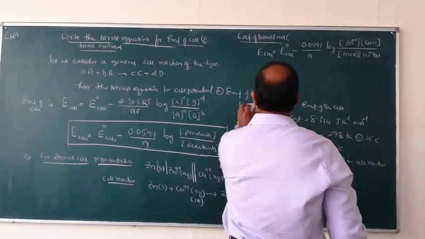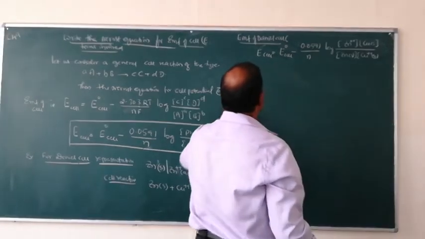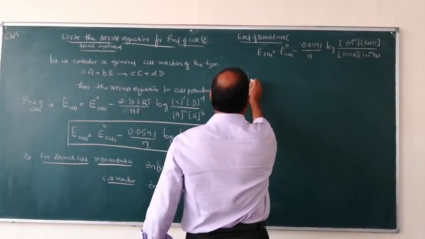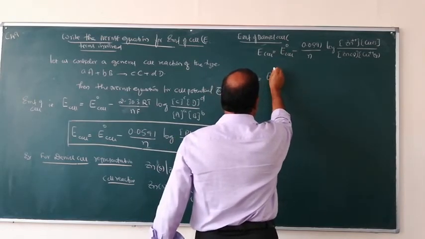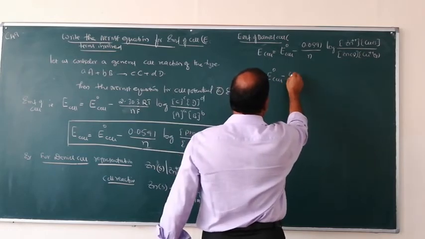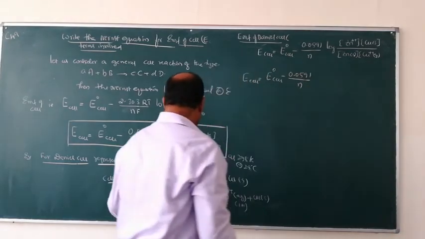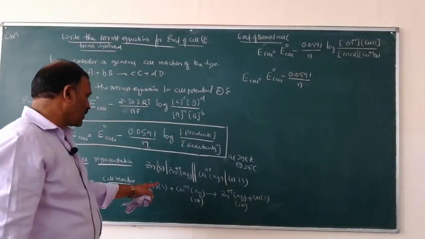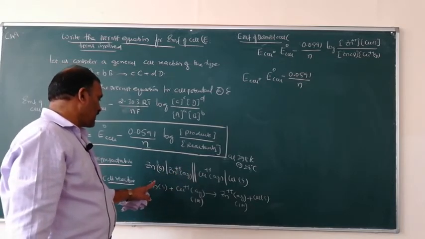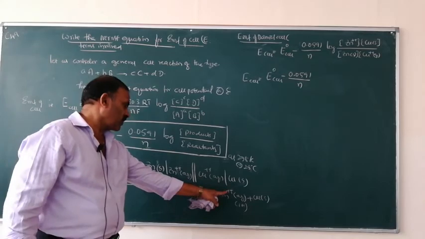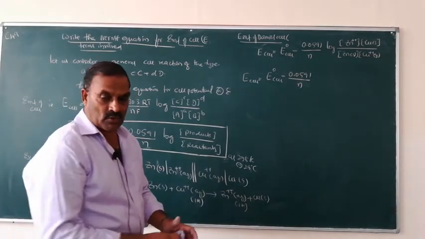So here E cell is equal to E naught cell minus 0.0591 divided by n. Here how many electrons are involved? It is a bivalent ion. 2 electrons involved in this reaction. Zinc undergoes oxidation giving 2 electrons. Copper ions accept 2 electrons and are converted into copper.